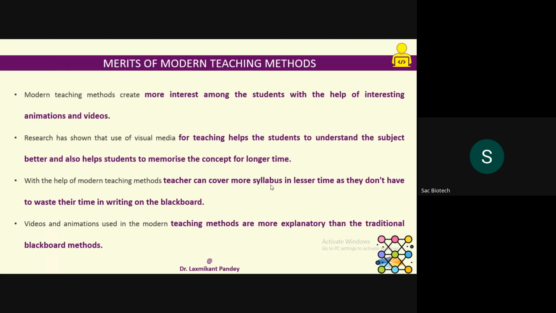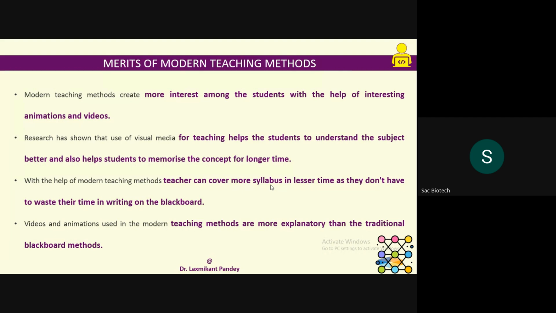Now, why am I telling you this? Because modern teaching methods have certain merits over the conventional teaching methods. So what are those merits? As I said earlier, traditional teaching methods are more or less teacher centric. Whatever knowledge the teacher gives in the classroom on the blackboard is the only source of information on that particular topic.